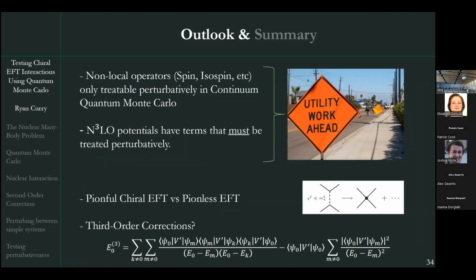So you want to kind of motivate. What is the argument to say that the non-central part of the interaction is perturbative? For N2LO, the spin-orbit term is already treated.